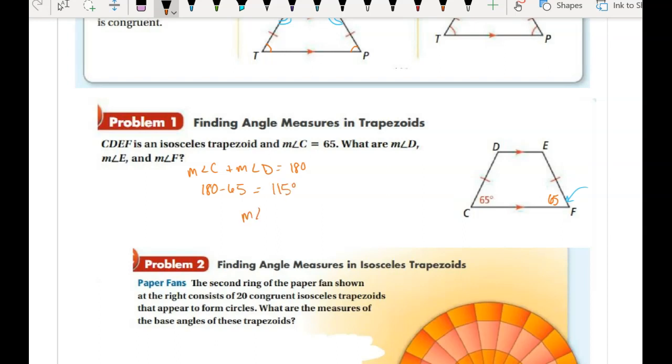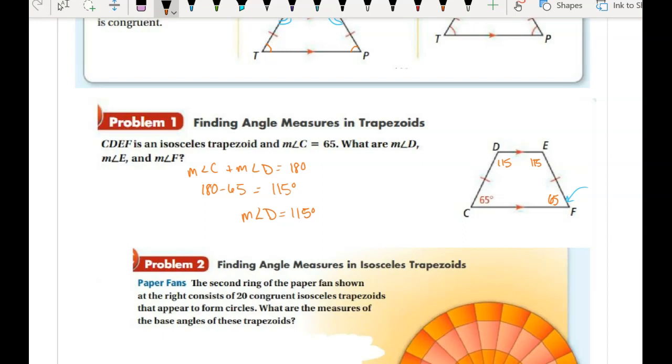So I know that the measure of angle D is 115 degrees, and E is also 115 degrees because we have an isosceles trapezoid.